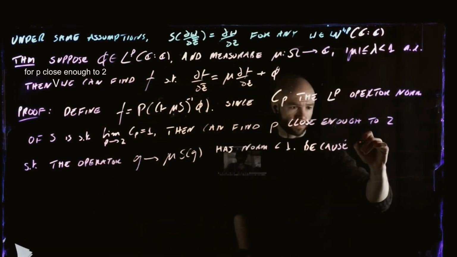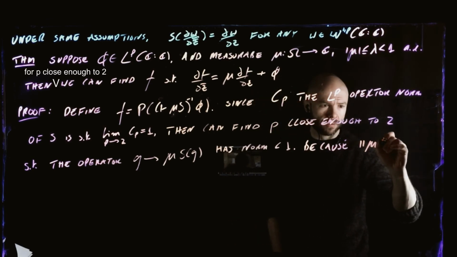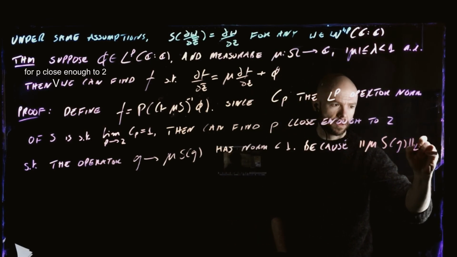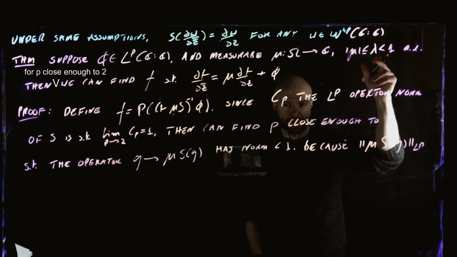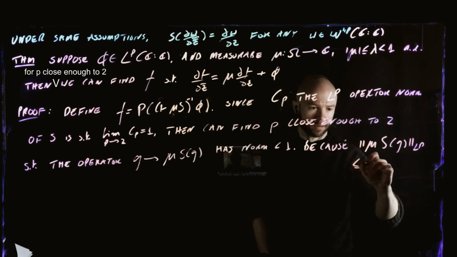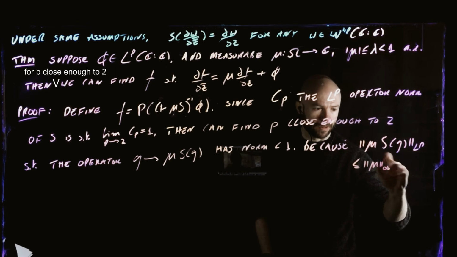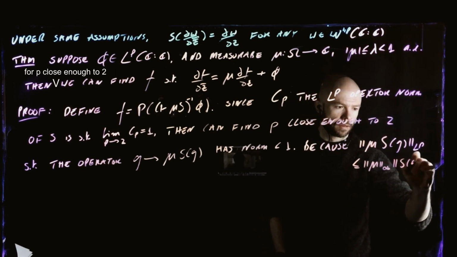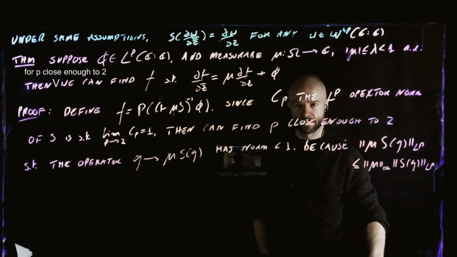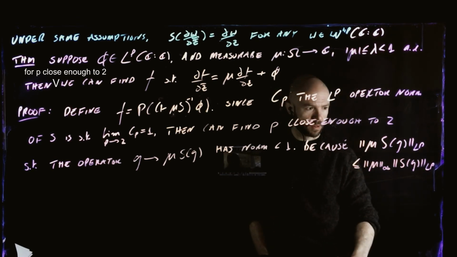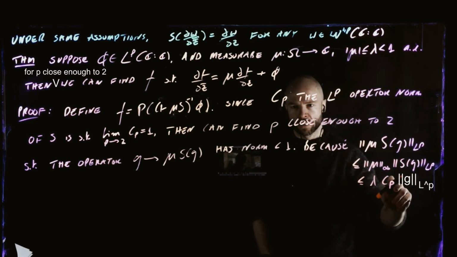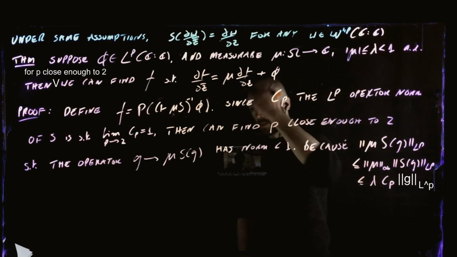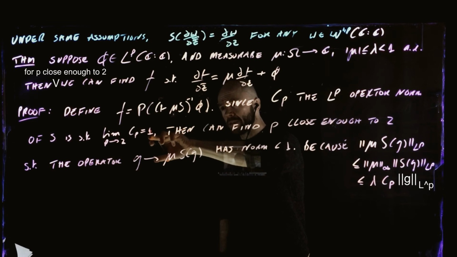If we take the L^p norm of mu S G, then since mu is just an L^infinity function, bounded strictly by lambda, this is less than the L^infinity norm of mu times the L^p norm of S G. You can just take this coefficient out of the integral, and then this is less than lambda times C_p. C_p is bigger than 1, but it is as close to 1 as we like.